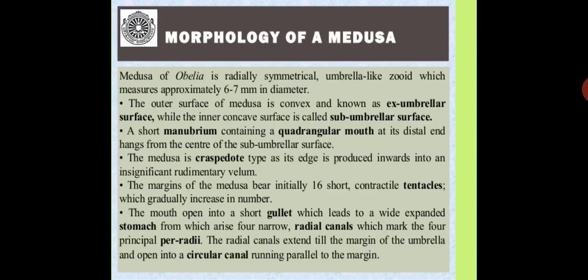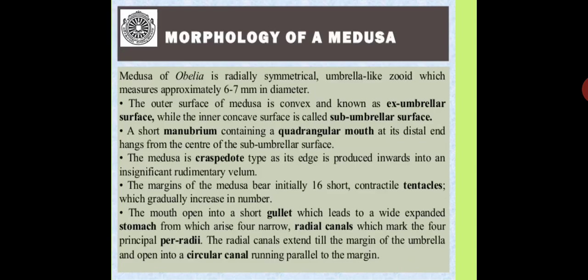A short manubrium containing a quadrangular mouth at its distal end hangs from the center of the subumbrellar surface. The medusa is craspedote type, as its edge is produced inwards into an insignificant rudimentary velum.